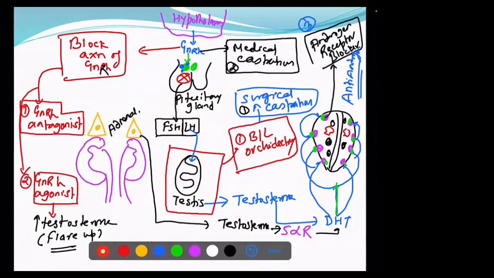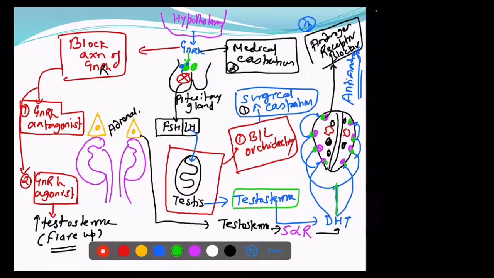Okay? Sometimes we need to block the testosterone completely. Complete blockage means we have to block the testosterone from two sources. One is from the testis, fine. We can do that by orchidectomy or medical castration. But what about this testosterone?